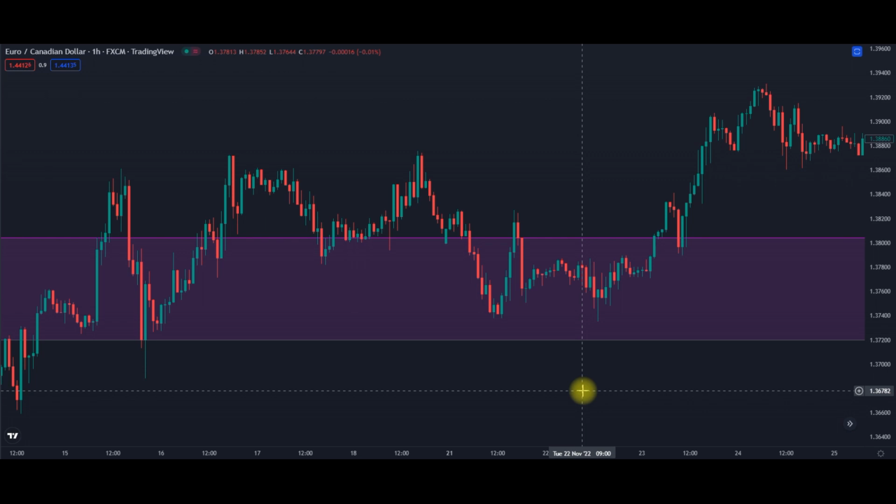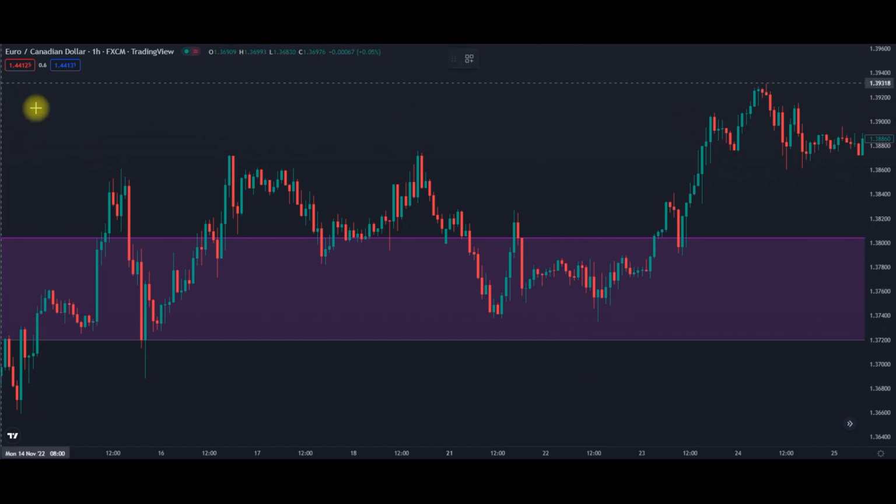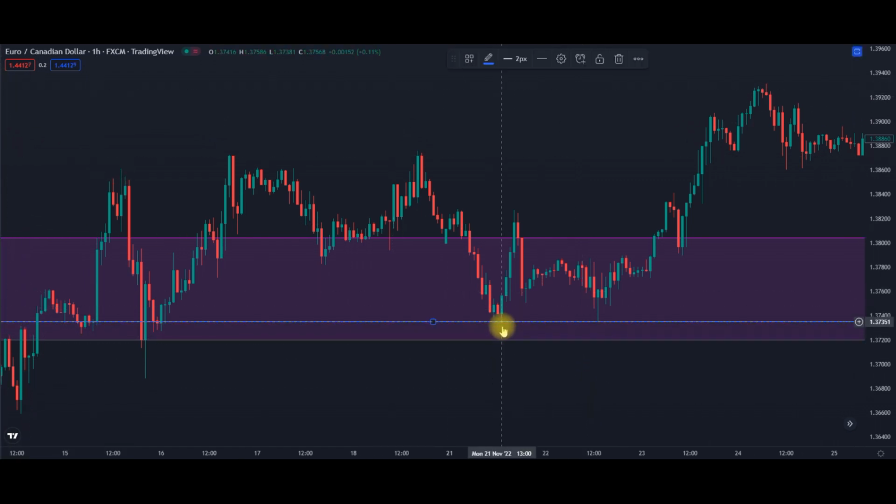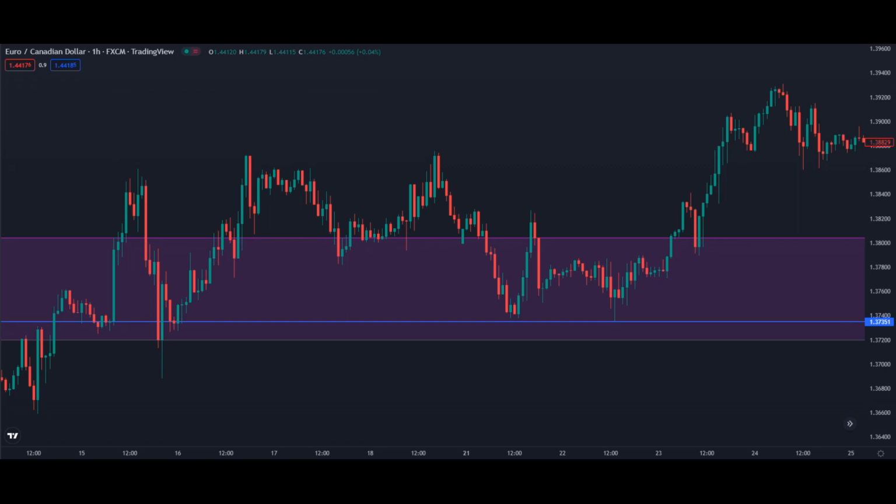For uptrends, it's the double bottom, and in downtrends, it's the double top. But we're in an uptrend now, so we're using the double bottom. And as you can see, we have a double bottom here, which will be our chart pattern for the trade entry, supported and confirmed by this beautiful hammer candle, a single candle candlestick pattern for bullish trend reversals.